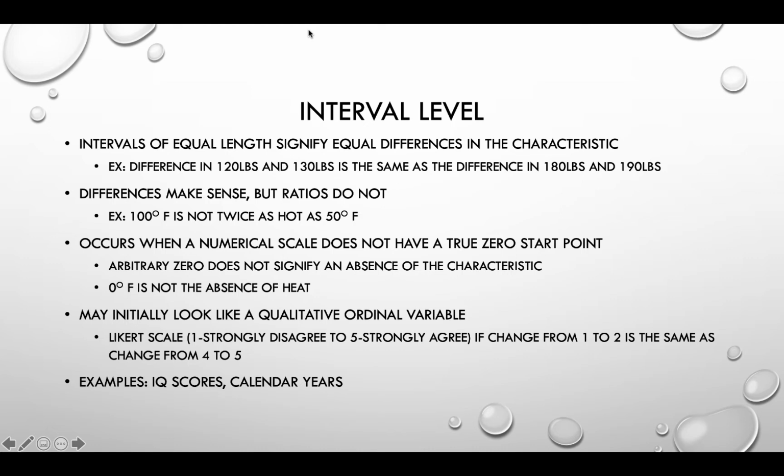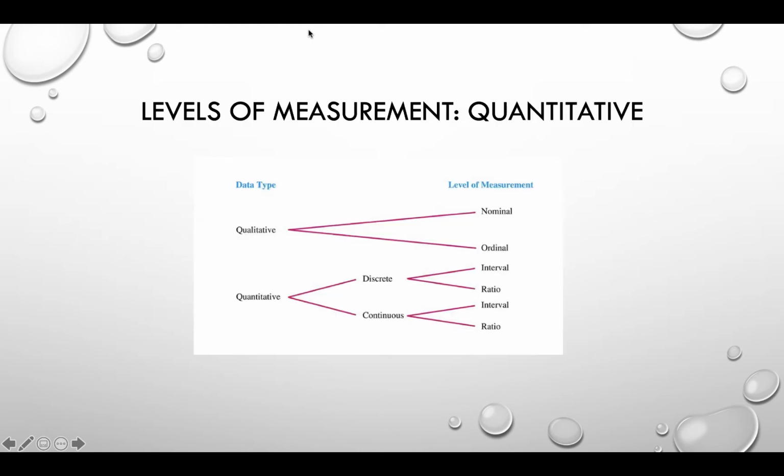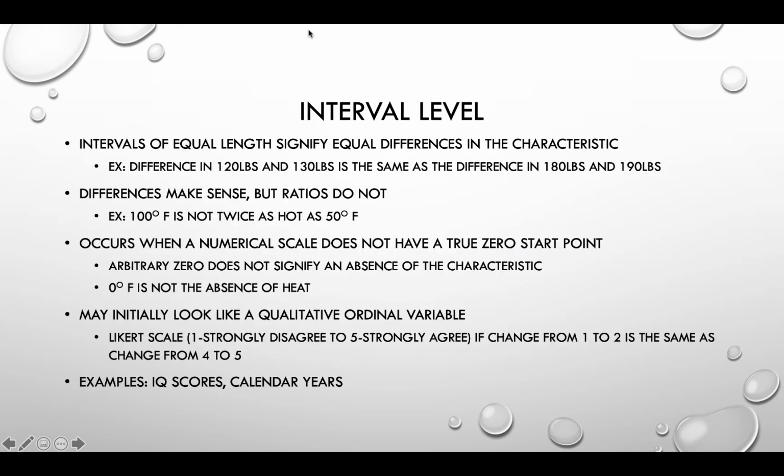So that 10 pounds means the same at different places on the scale. This is something that makes Likert scales arguable as to whether it is, and let me go back, Likert scales could either be qualitative ordinal or they could be quantitative discrete interval. And it's based on an assumption that you're going to make.